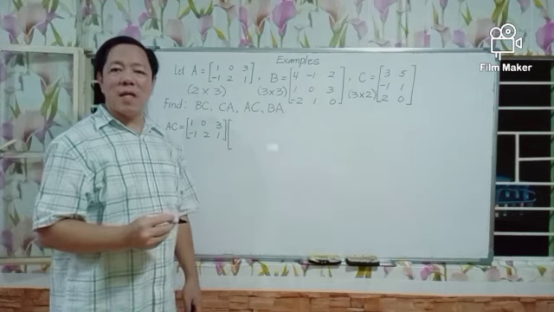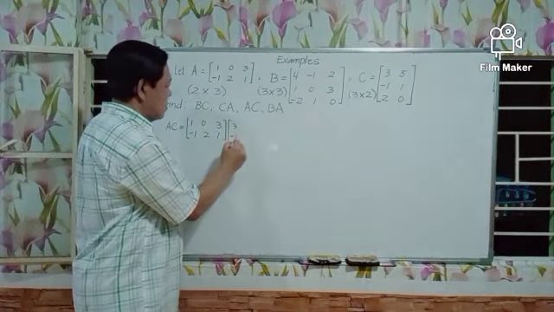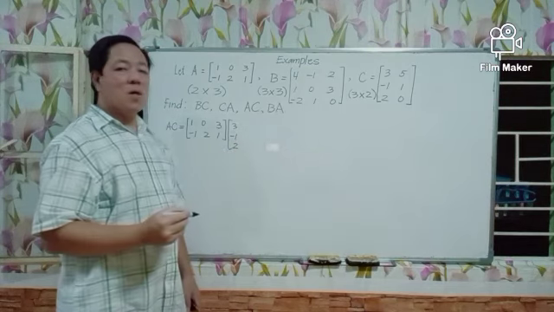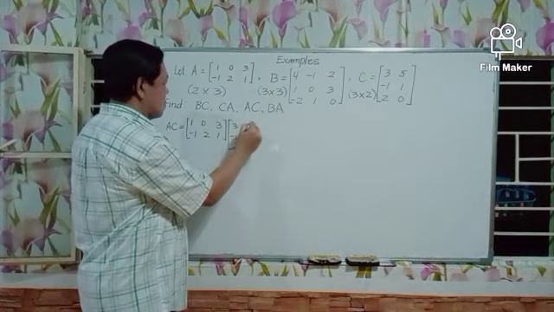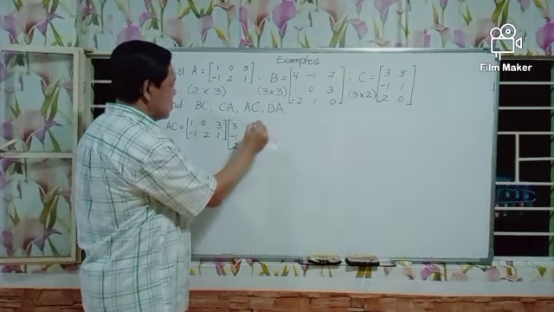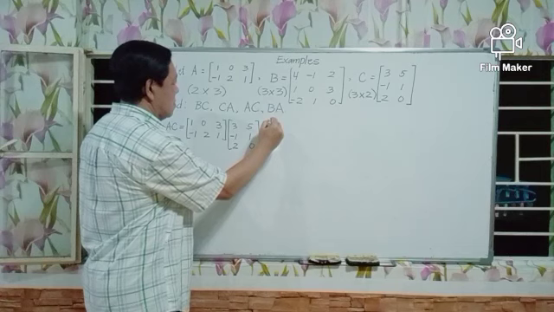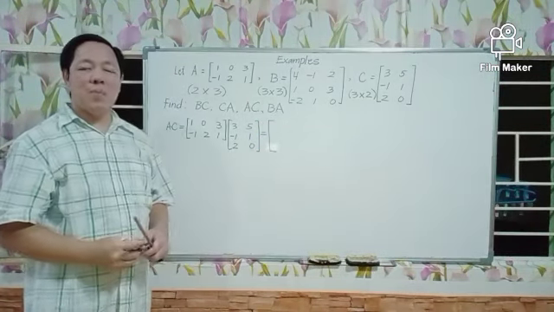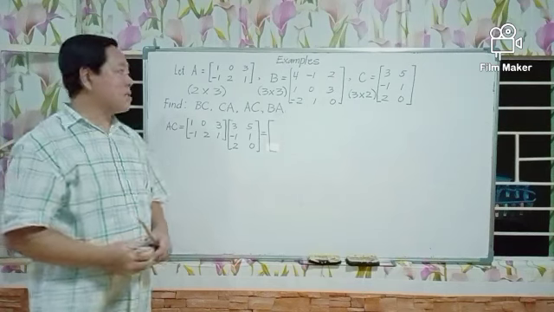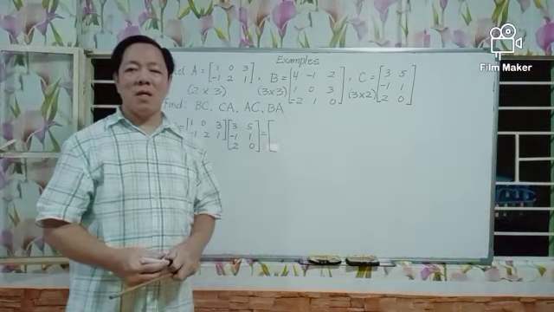First column, 3, negative 1, 2. Second column, 5, 1, 0. And the shape of the product is 2 by 2. A square matrix, 2 by 2.